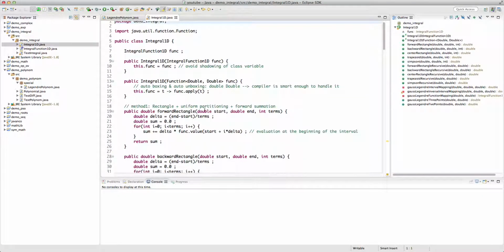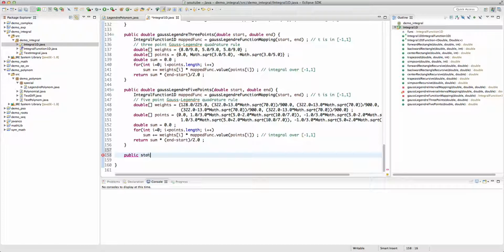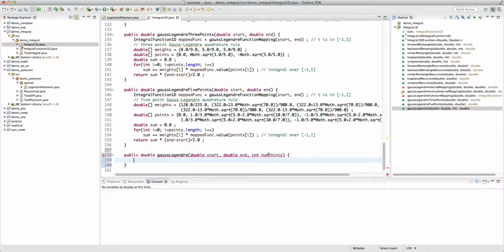And in the Integral 1D class, we're going to create another method, public static double Gauss-Legendre, and then we're going to have double start, double end, and int num quadrature points.